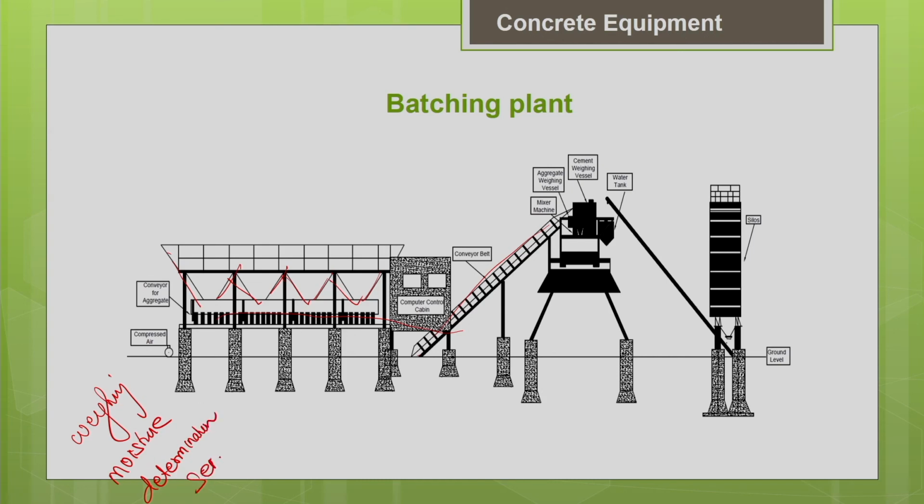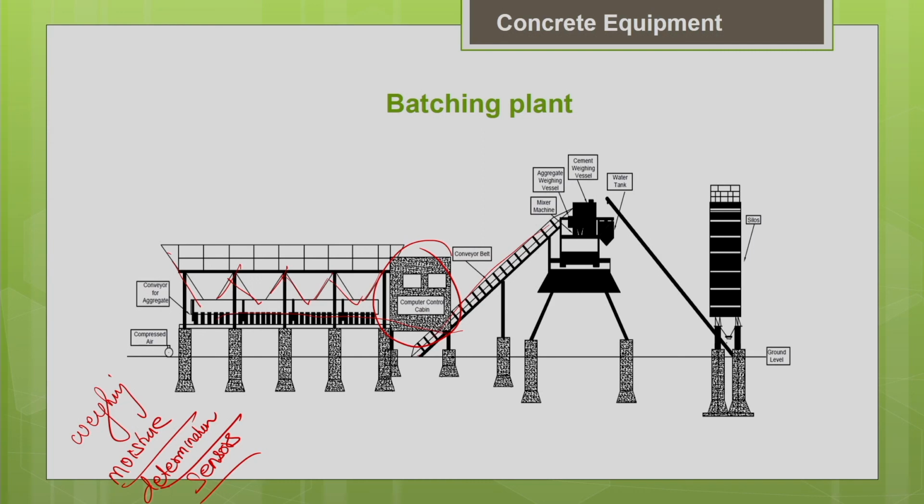So, there are different sensors provided in the aggregate storage bins. That will facilitate you to measure the required quantity of aggregate there itself, and the measured quantity will be conveyed by the conveyor directly to the mixer machine. So, that is also possible. The moisture content will also be determined, and the adjustments in the weight of the aggregates will be done automatically.